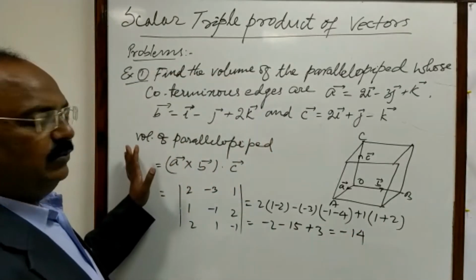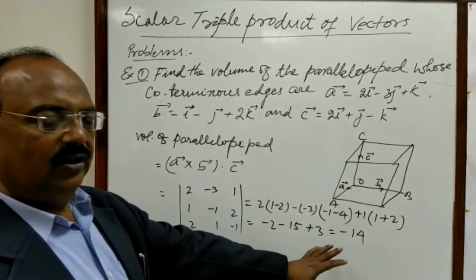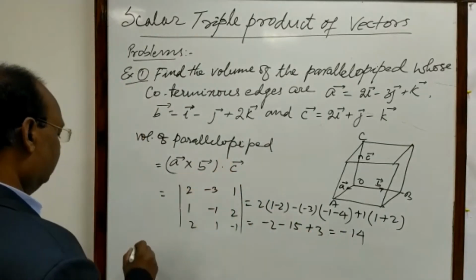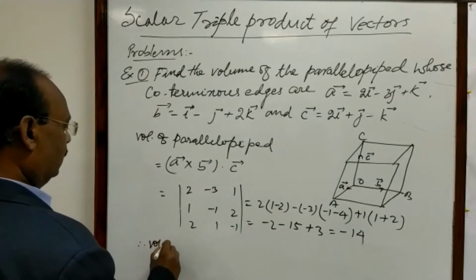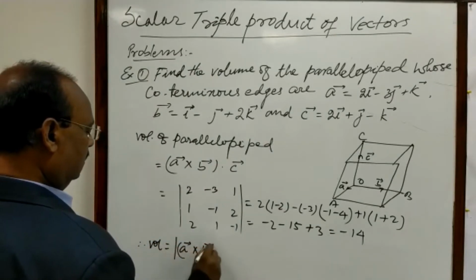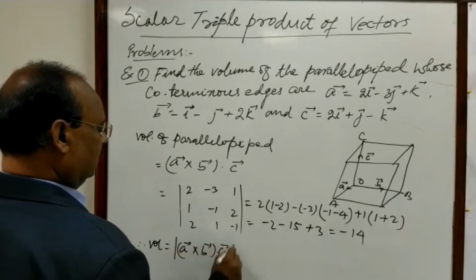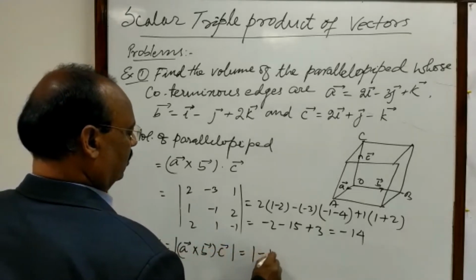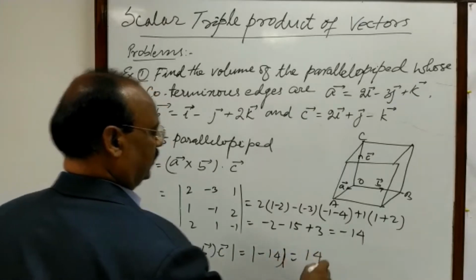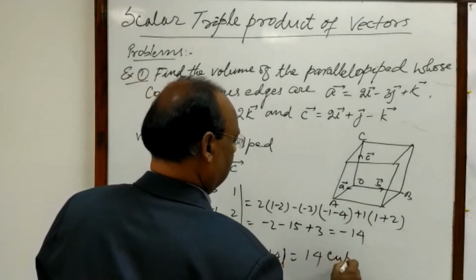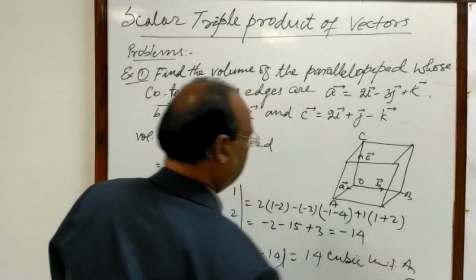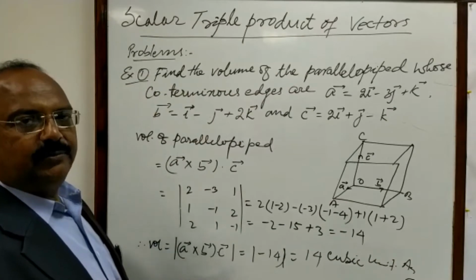Since volume will always be a positive number, we have to take the modulus. Therefore the required volume is mod of A cross B dot C, which is equal to mod of minus 14. So this is equal to 14 cubic unit. So this is the required answer, volume of the parallelepiped.